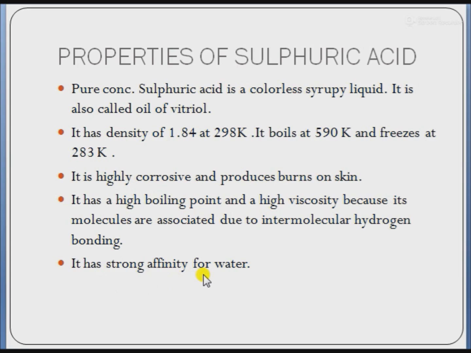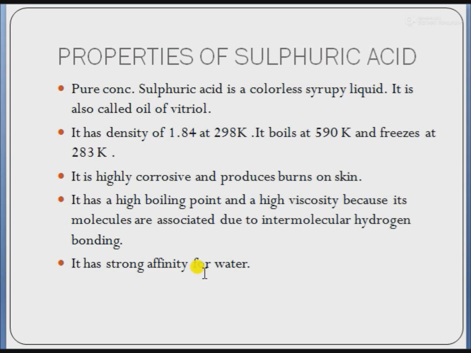When sulfuric acid dissolves in water, a large amount of heat is produced because it is an exothermic process which may spurt the acid out of the container. Hence, care must be taken while preparing dilute sulfuric acid from concentrated sulfuric acid. Therefore, concentrated sulfuric acid is always diluted by adding the acid slowly into water with constant stirring and not by adding water to the acid.